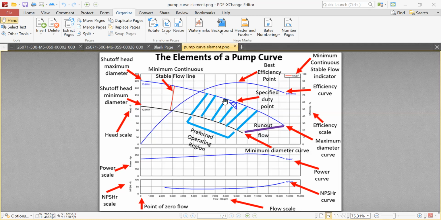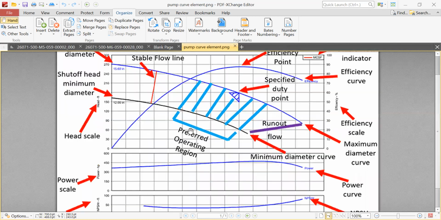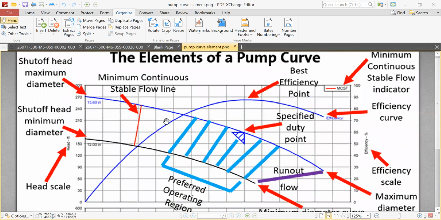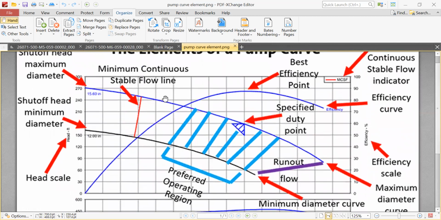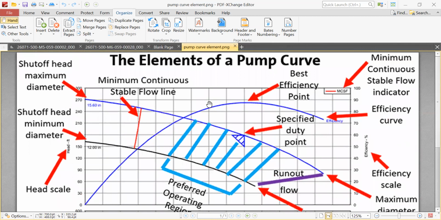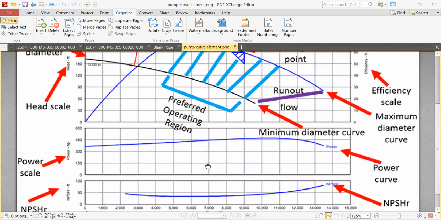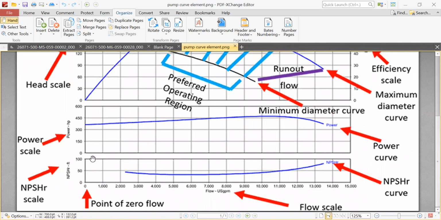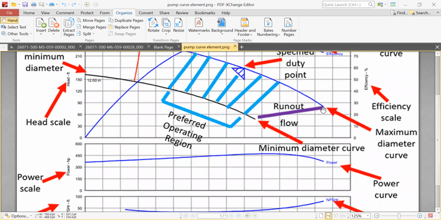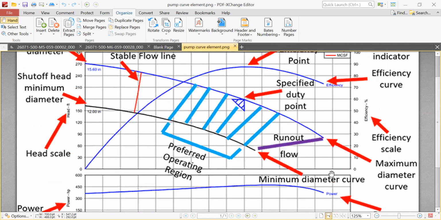So we have to discuss the pump curve elements. As you can see in this curve, we have a lot of pump curve elements: the head, the flow capacity, NPSH, power, and also efficiency. There are many pump curve elements.